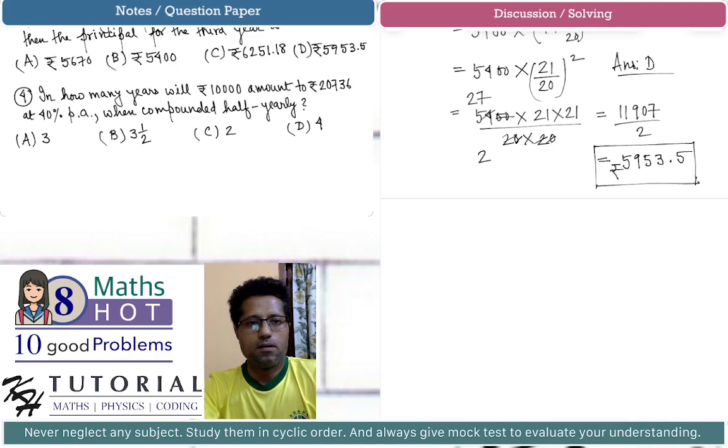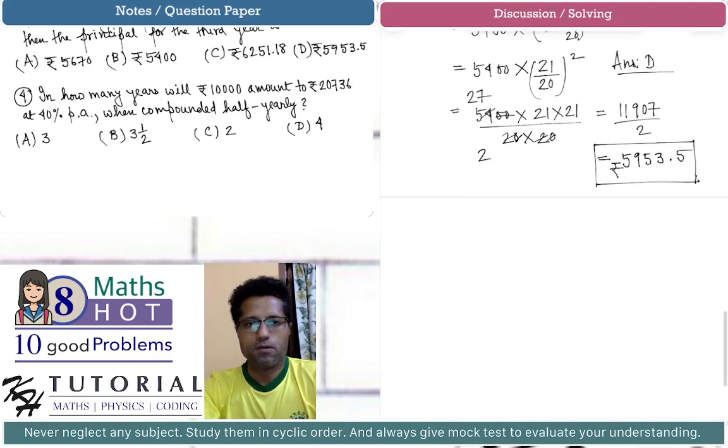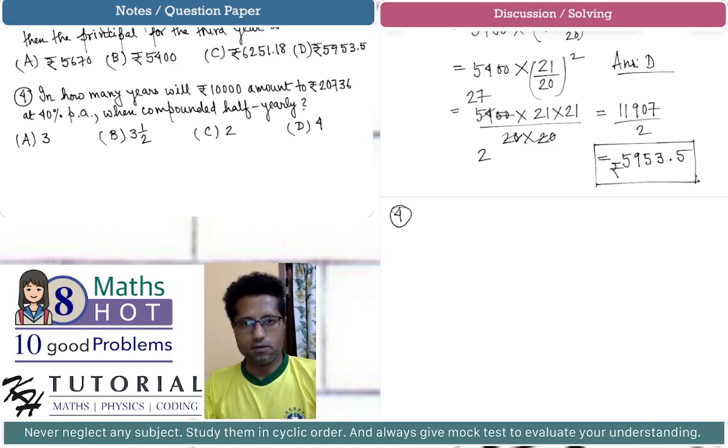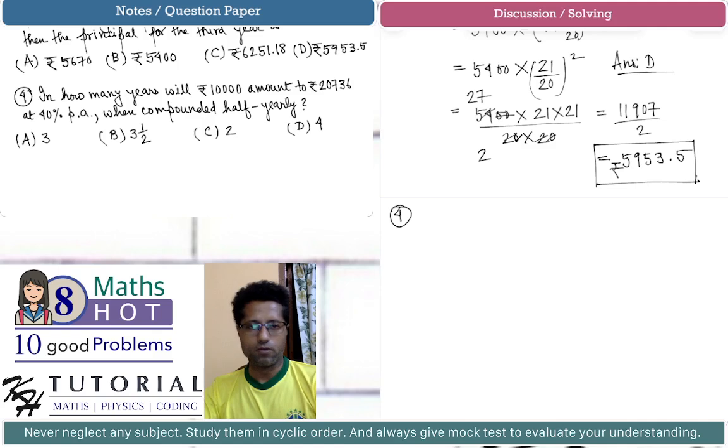Okay, let's do problem number 4. In how many years will rupees 10,000 amount to rupees 20,736 at 40% per annum when compounded half yearly?